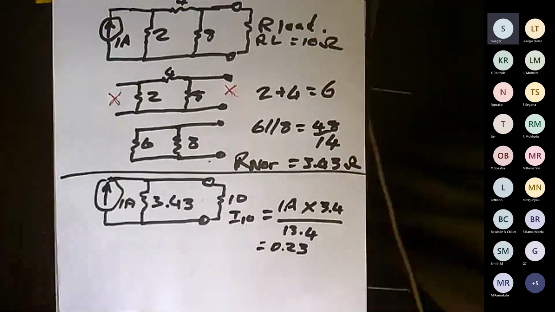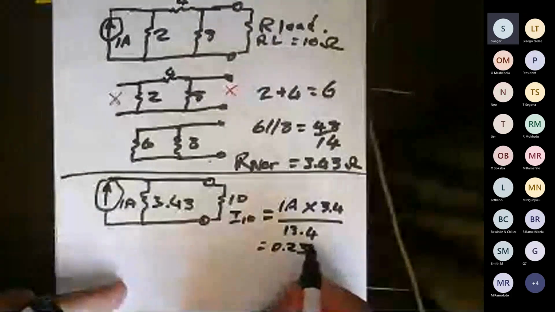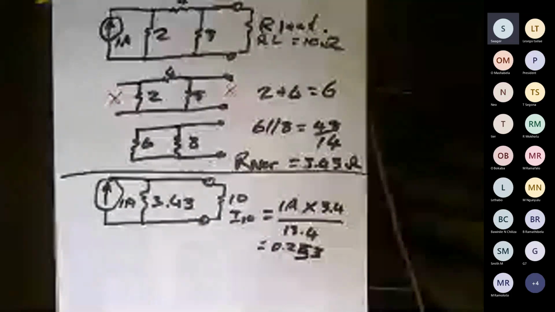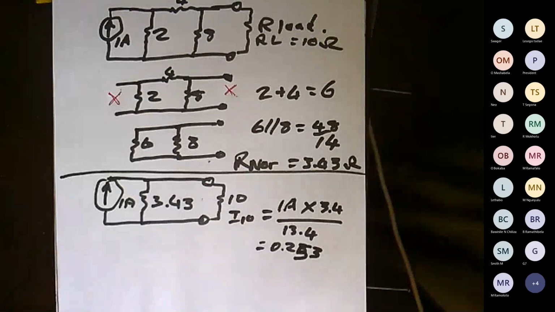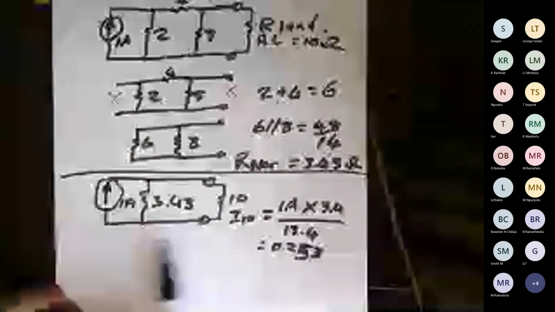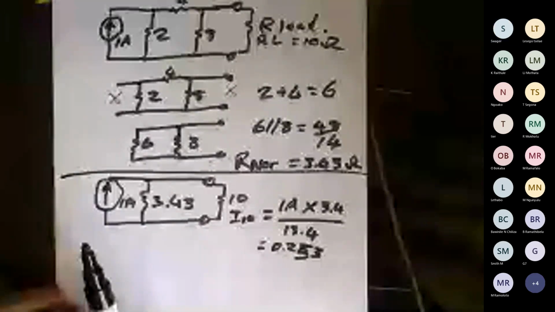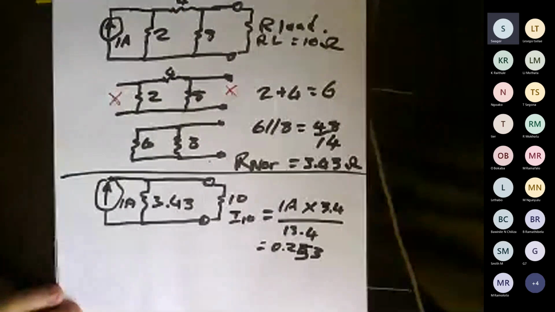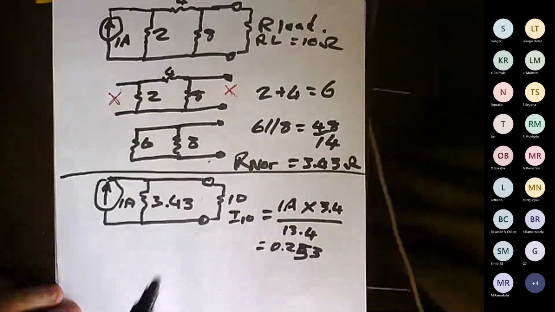Is that for the current passing through resistor 10 or passing through resistor 3.43? Again, go and relook at my video. I explained it very slowly and I showed which current it is. So relook at this video again because you did not see very clearly. Go to Brightspace after this recording. Look at it again, but I'll tell you now what it is.